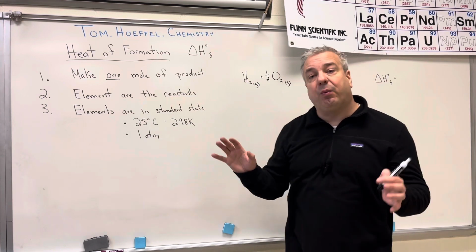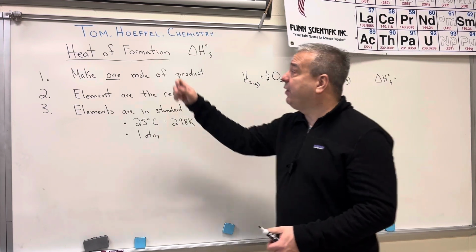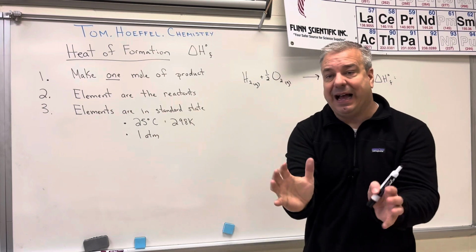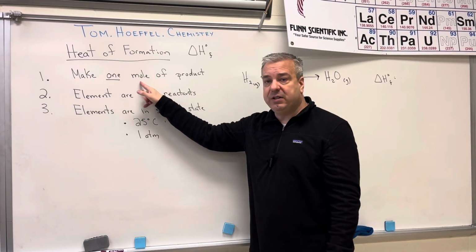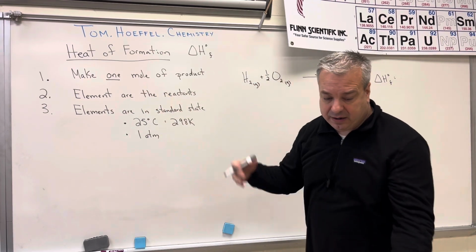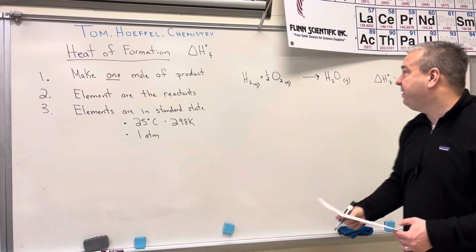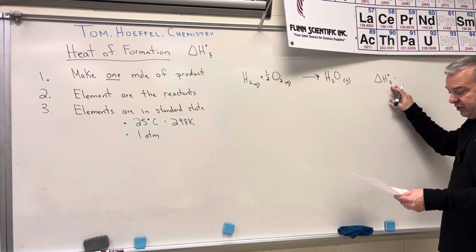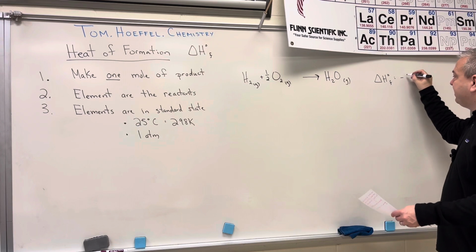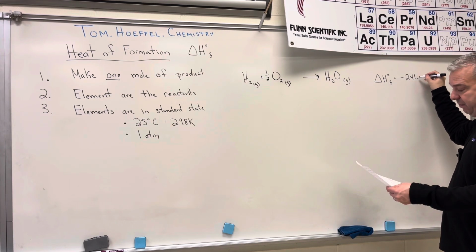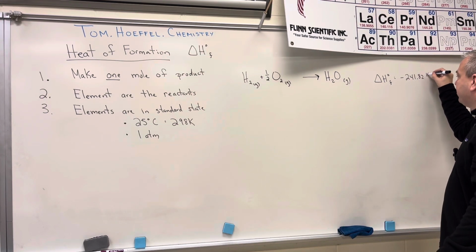There are a couple of other rare instances, but for heats of formation, it's allowed, and that's because you're always making 1 mole of product. So when I look up that enthalpy value for the heat of formation for water, that number comes out to negative 241.82 kilojoules.